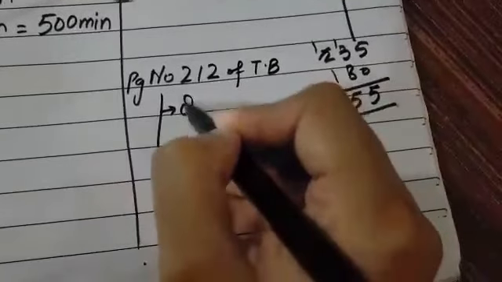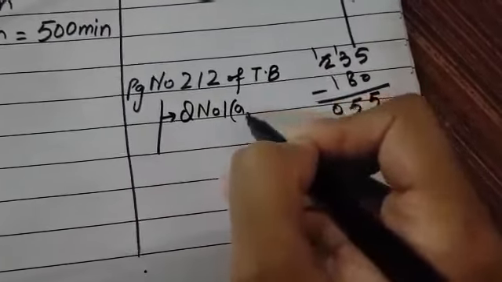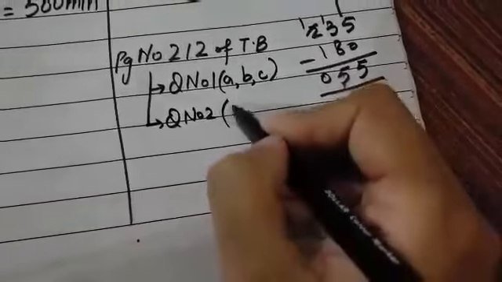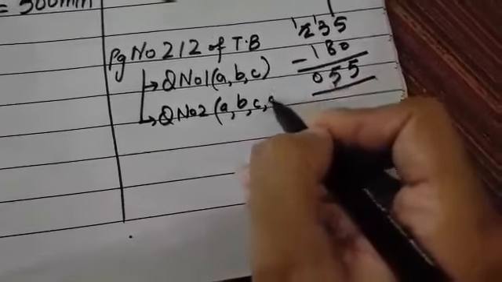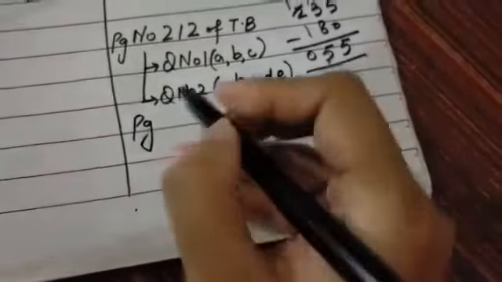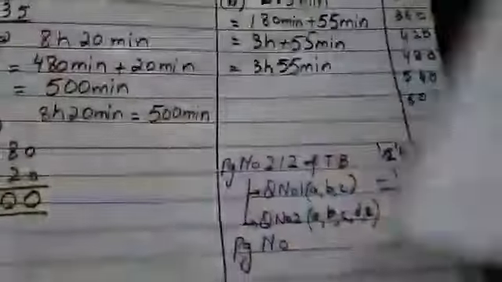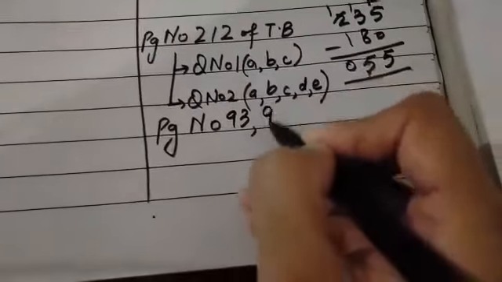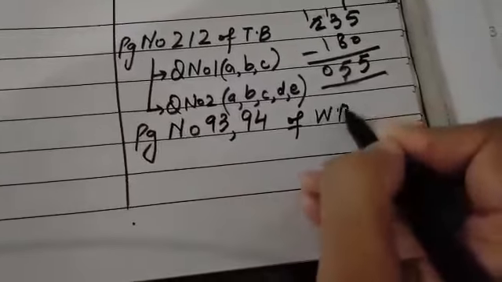Okay, now the textbook page number 212, question number 1, A, B and C, and question number 2, A, B, C, D and E parts, and the workbook page numbers 93 and 94 of workbook 3B.